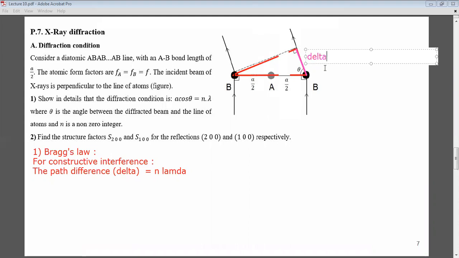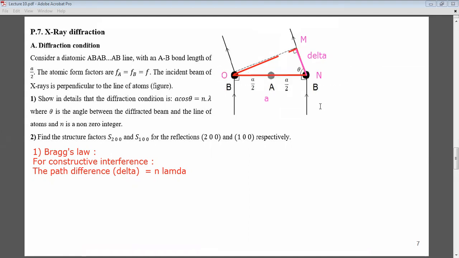If I want to calculate this delta, I have this side over here, it's A, right? This side over here is A over 2 plus A over 2, so this side here is A. And I have delta and I have theta. Now, this triangle is right-angled, so let's call this triangle M, N, O.